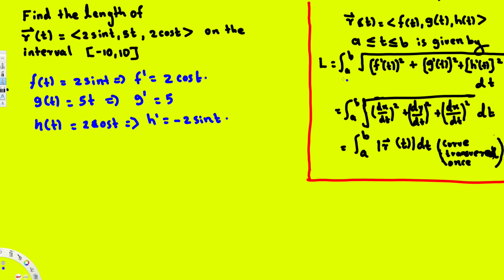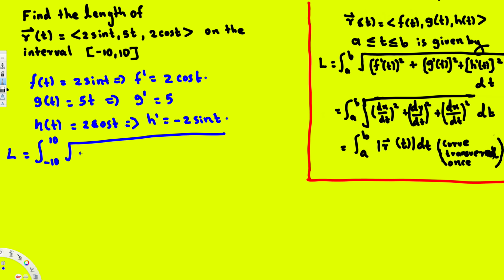And that's it. Now all you have to do is plug it into this equation and then solve for it. So this is going to be L, and the limits of integration are given right here. Lower limit is negative 10 and upper limit is 10, and then square root of f prime squared.